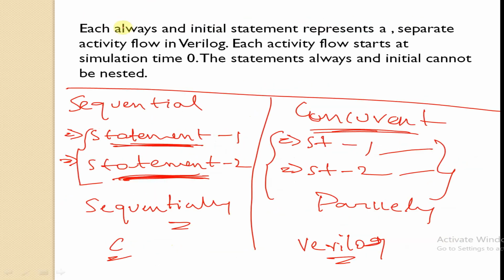Each always and initial statement represents a separate activity flow in Verilog. Each activity flow starts at simulation time 0.